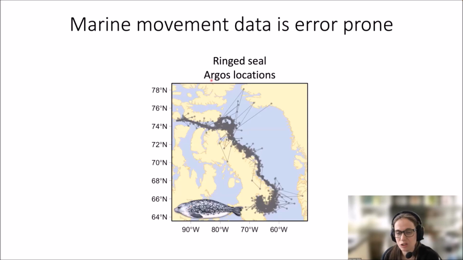So people were using this alternative method called Argos that gave the location of the animal, but with a lot of error. So this is a ring seal movement track. This is Baffin Island, Canada, and this is Greenland. And it looks like it's going back and forth from Canada to Greenland in a few hours, which is clearly not possible. It's just measurement error.